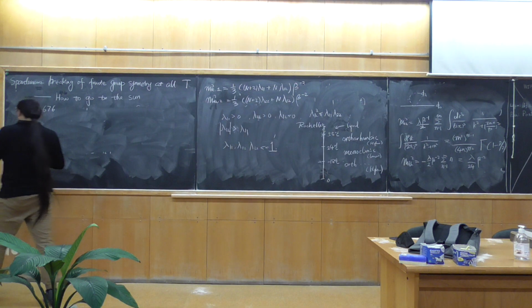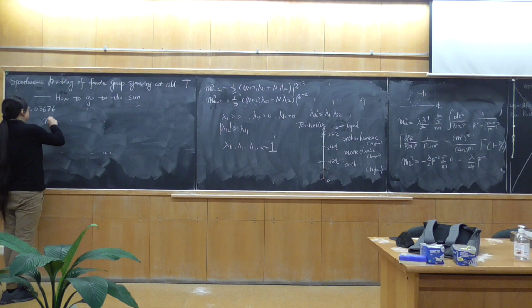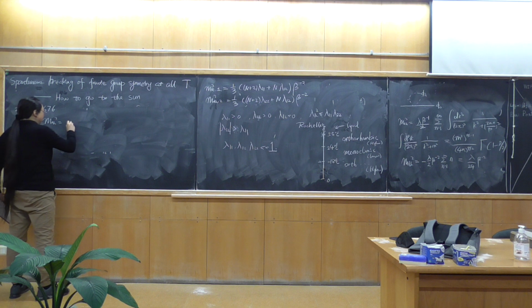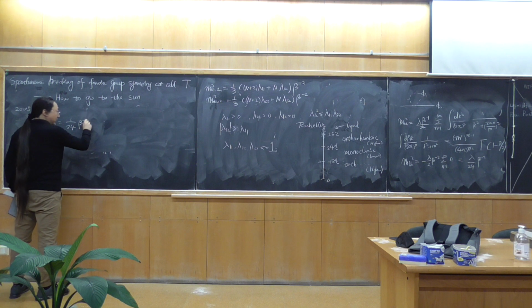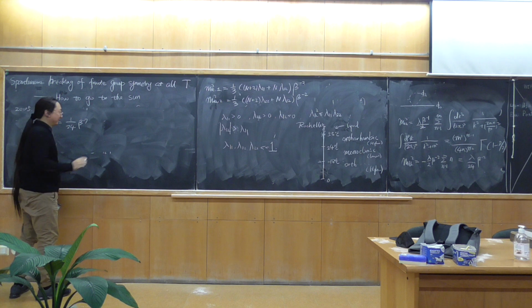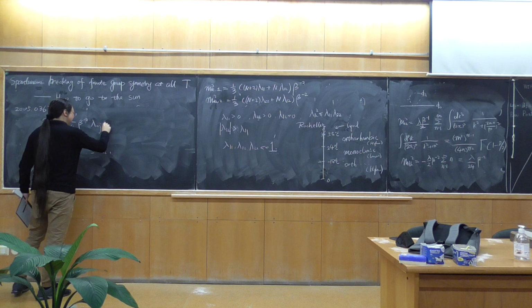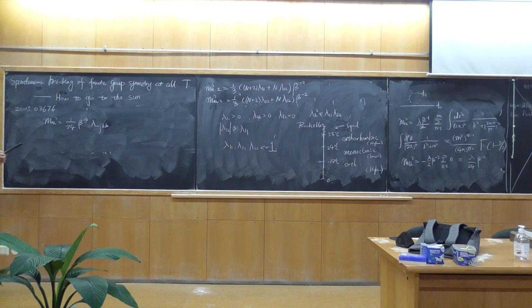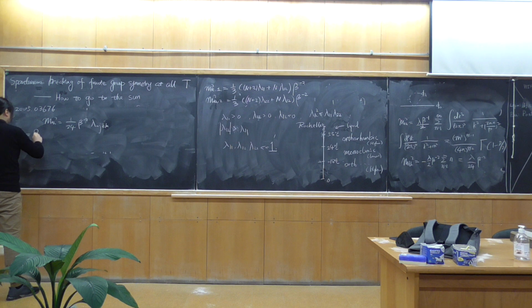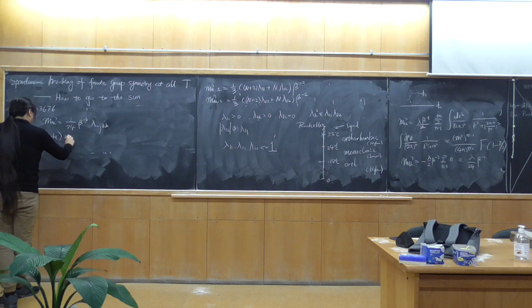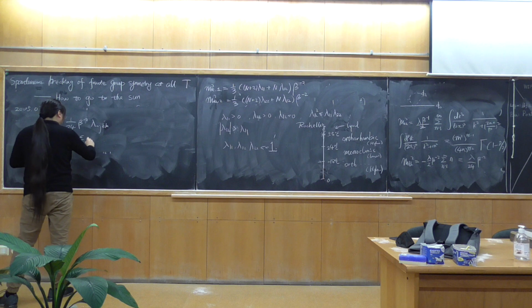So we already wrote down our thermal mass. Perturbatively, we need another condition, which is basically the beta function equal to 0, right? So we are going to do a 4 minus epsilon expansion. You are going to have a beta function which gives you 0.